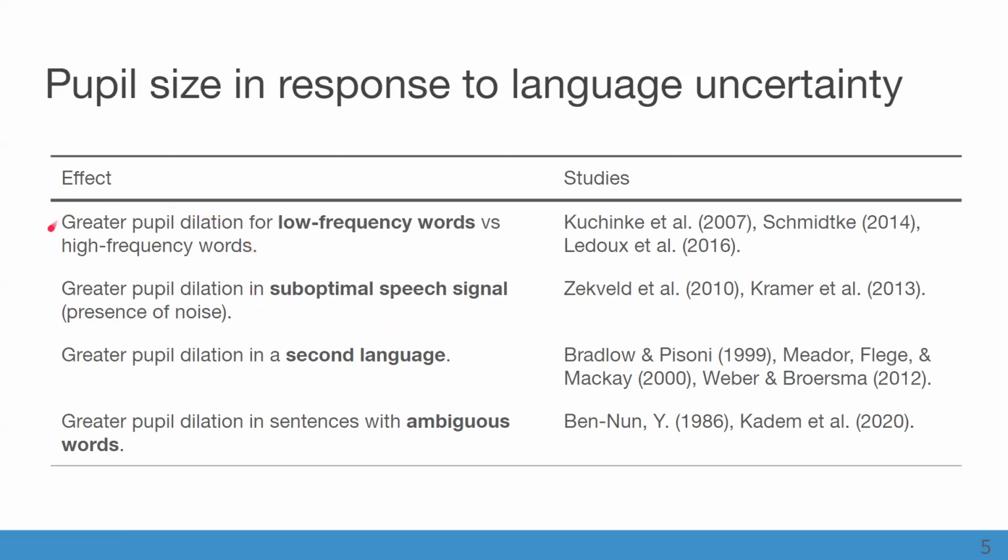For example, greater pupil dilation has been shown for low versus high frequency words, greater pupil dilation in the presence of noise, and greater pupil dilation in the processing of a second language. And also, greater pupil dilation has been shown in sentences with ambiguous words. In this case, it was in the context of a sentence, not an isolated word. So it seemed like a very useful tool to answer the questions that I had in mind.